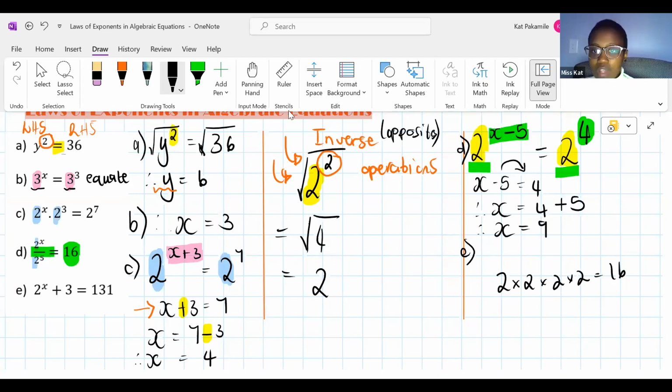So we have solved that problem. 2 to the power of x minus 5 is the same as 2 to the power of 4. Now I said if the bases are the same, the exponents have to be the same.